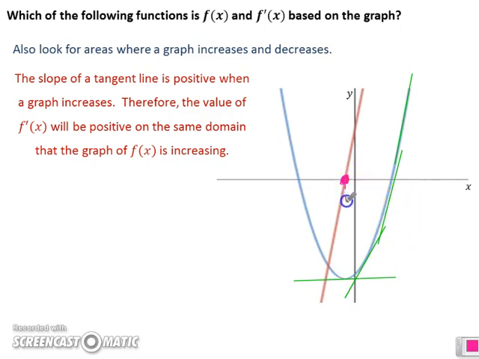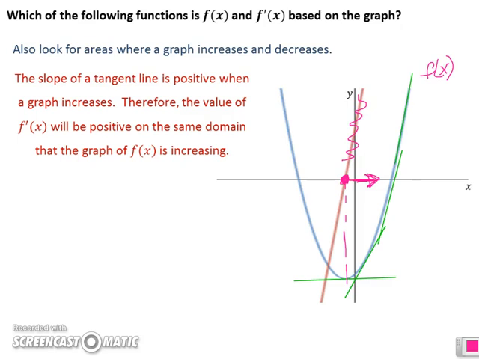Everything to the right of this x-coordinate, the original graph, I'm just going to label this f of x now because we're pretty sure that's going to be the answer. So that graph is increasing, which means that graph has positive tangent lines. So that means its derivative everywhere on this side of the x-axis should have positive coordinates, which it does. Notice it's all positive here.